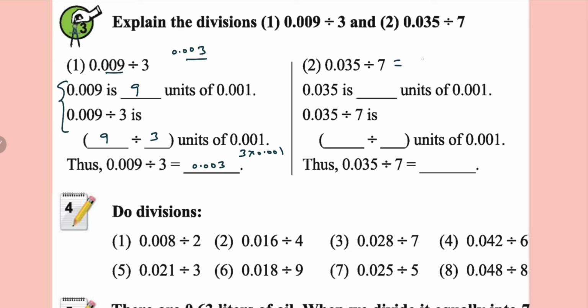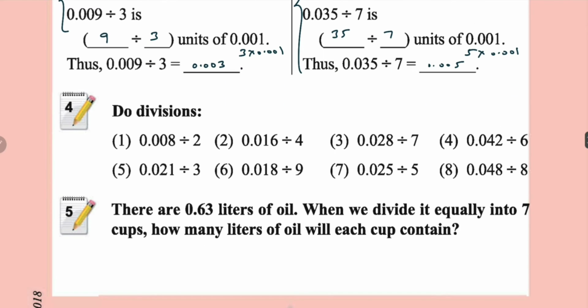Similarly, here it is 0.005. Or otherwise, this is 35 units of 0.001, 35 by 7 units of 0.001. 35 by 7 is 5. 5 units of 0.001, nothing but 0.005. Let me write the answers quickly.